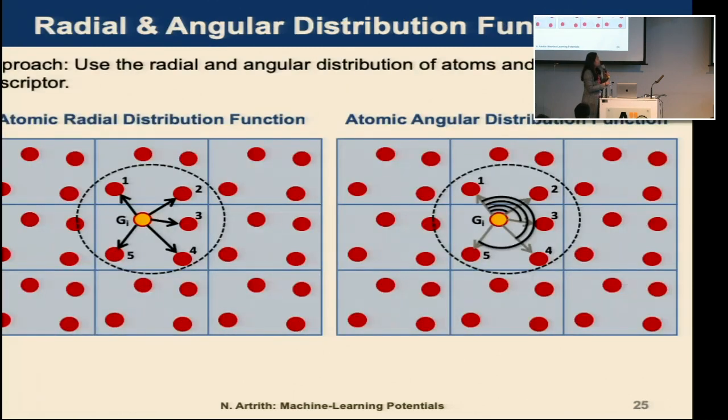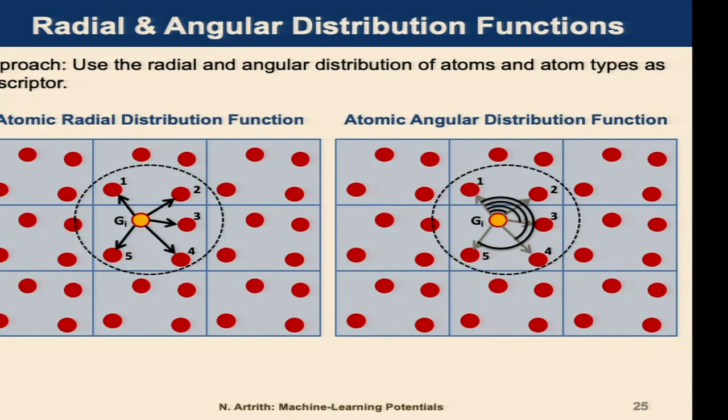So what Behler and Parrinello proposed is a very simple idea, using 2 types of function. For example, the 2-body function, this is the atomic radial distribution function.